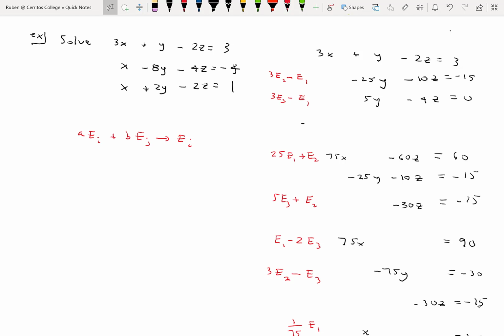For example, in the first equation, after the initial system written down, instead of writing 3x plus y minus 2z equals 3, we can simply write a row of numbers in the same order: 3, 1, negative 2, and 3. We don't need to see the variables here. As long as we keep the variables in the positions of the first column, second column, and third column to represent x, y, and z, we really don't need to see the variables.